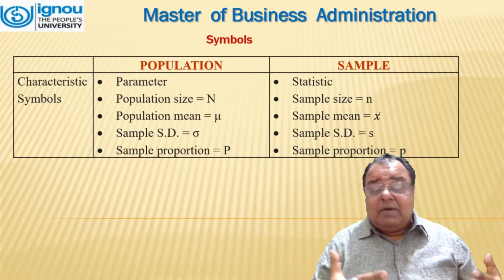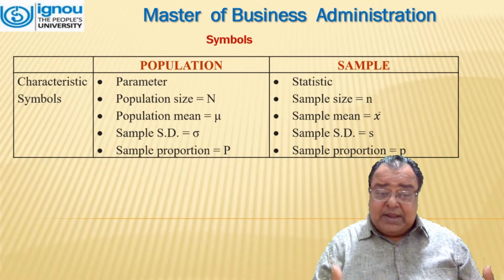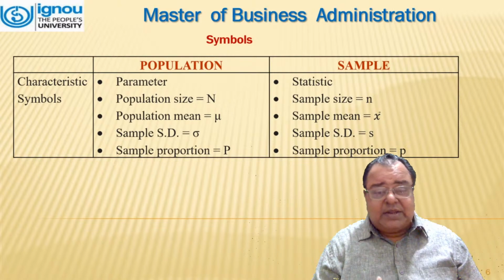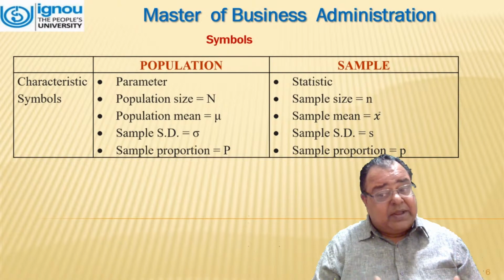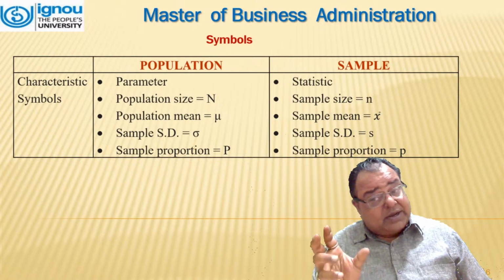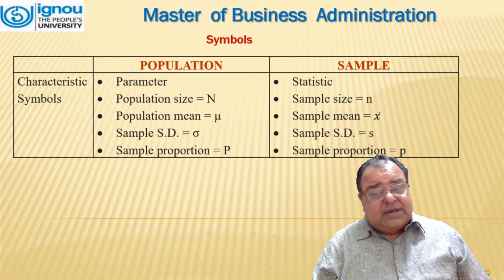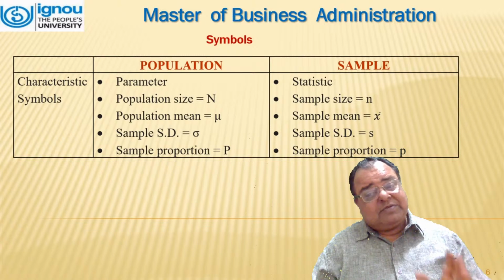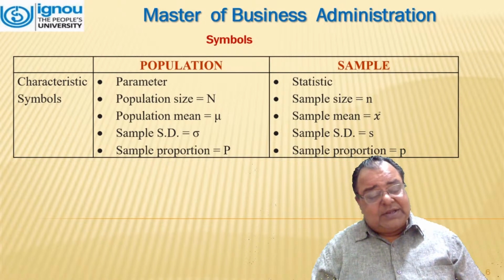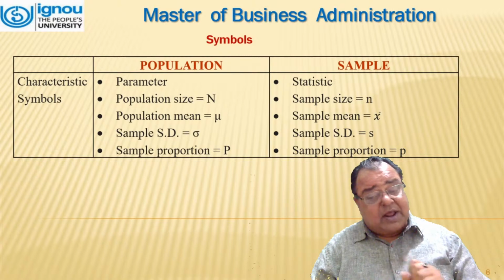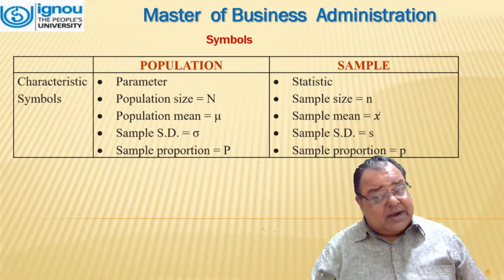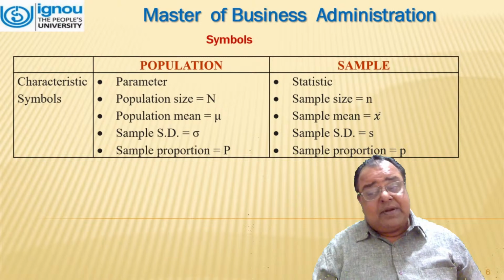Population size is denoted by capital N. Population mean is denoted by mu. Population standard deviation is denoted by sigma, and population proportion is denoted by capital P. On the other side, if we talk in terms of the sample, here the parameter changes to statistic, population size changes to sample size, population mean changes to sample mean, that's x bar now. Sample standard deviation is given by S and sample proportion by small p.